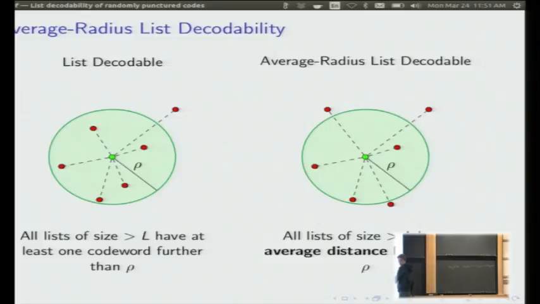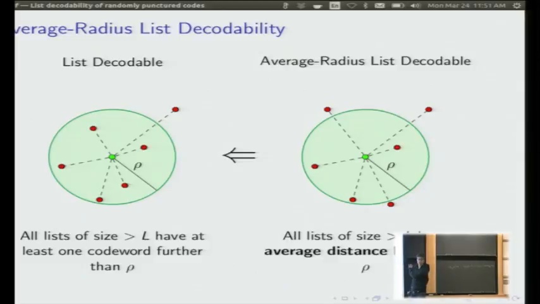So on average, they lie outside a ball. This is a stronger notion, since the average distance to the center is always smaller than the maximum distance to the center. So average radius list decodability implies list decodability. What I'm actually going to do is prove all those theorems that I just said, except with average radius list decodability instead.